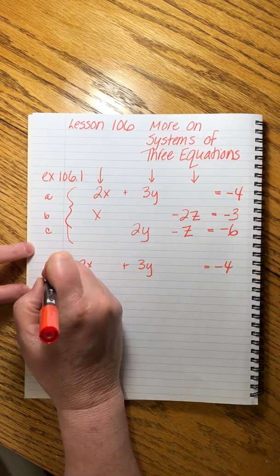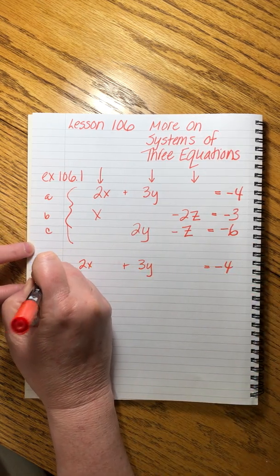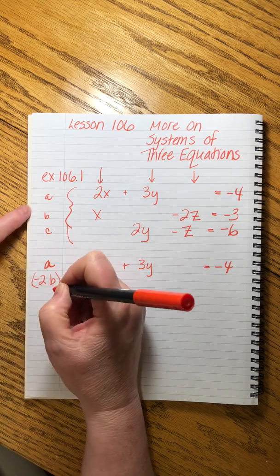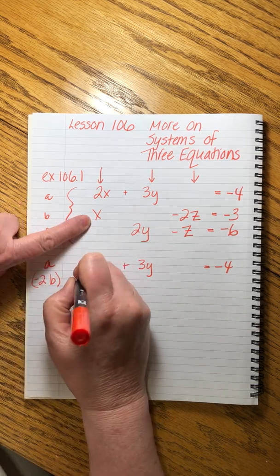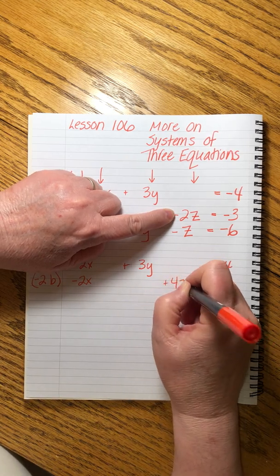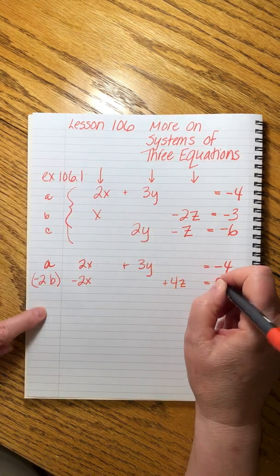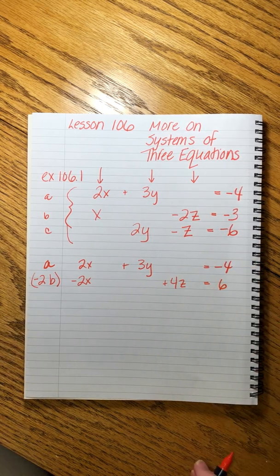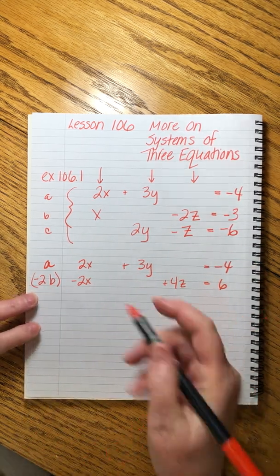And I'm going to take equation B and multiply it times minus 2. And that will be minus 2x plus 4z equals 6. I multiplied everything by 2.